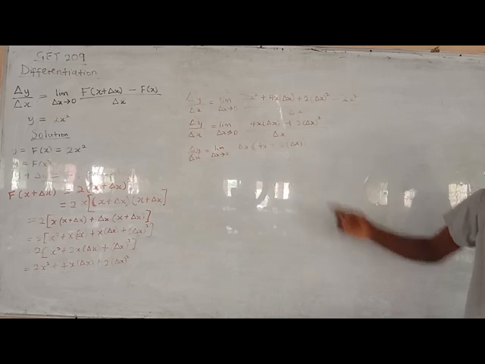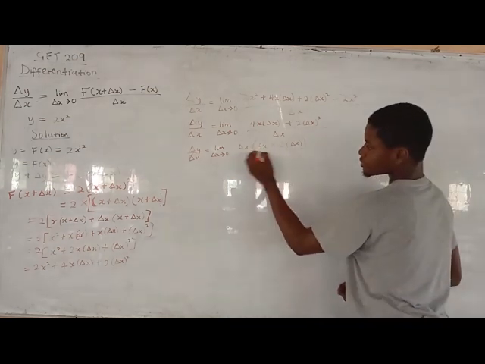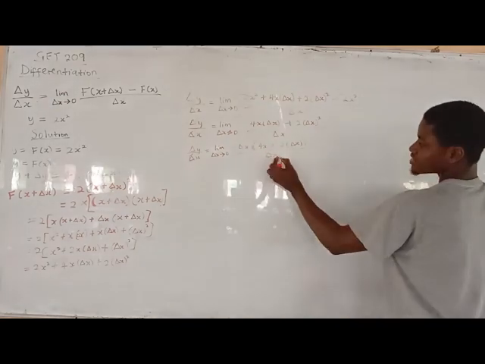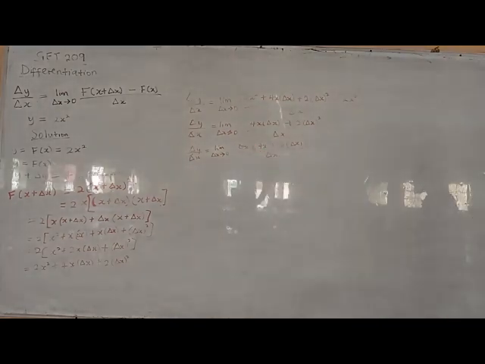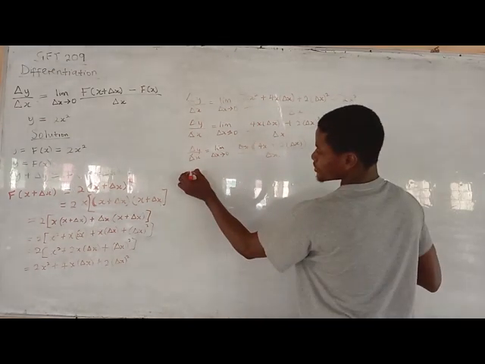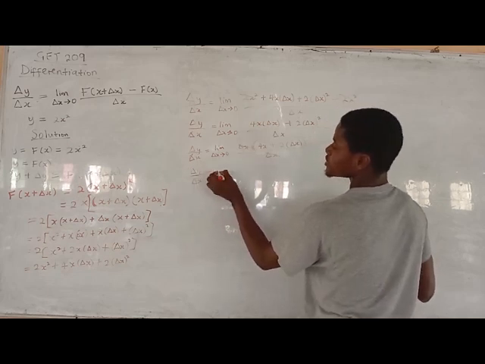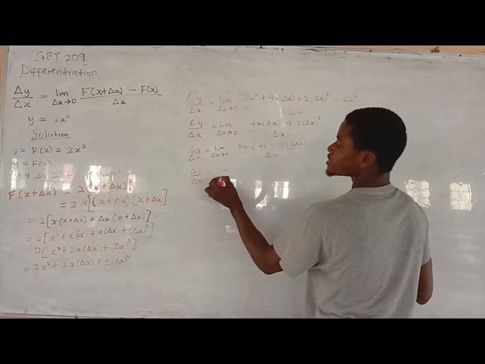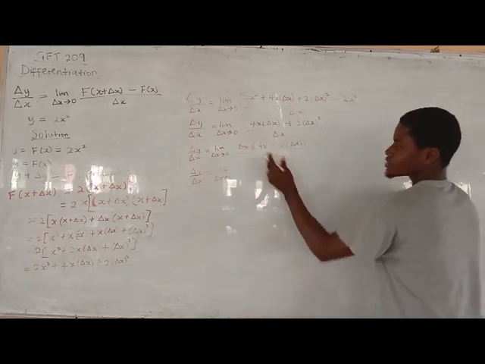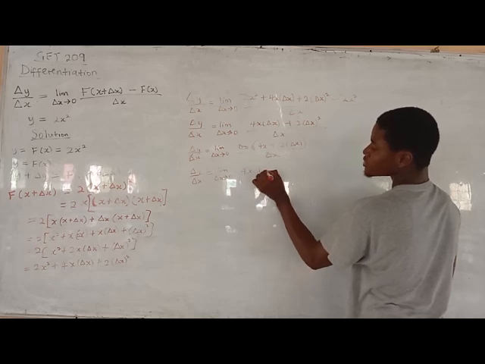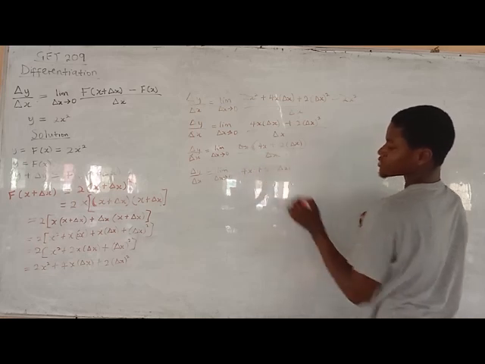You understand up to this point? And we divide it by what? Change in x. That allows us to say change in x cancels change in x. You understand up to that point? So if this is true, you know that change in y over change in x equals what? The limit of change in x approaching 0, such that this is the only thing left, 4x plus what? 2 change in x.